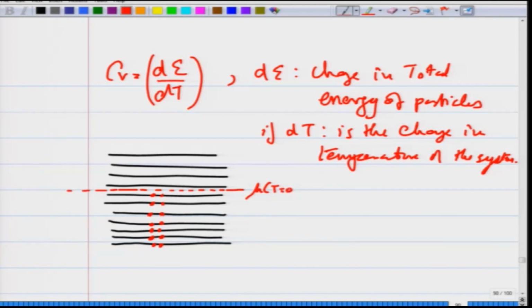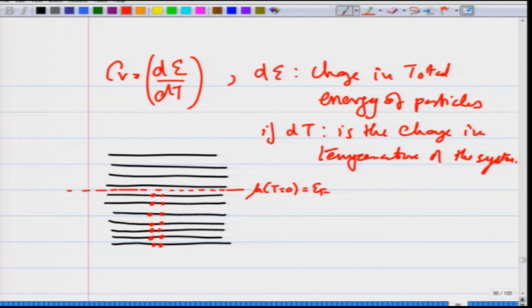The chemical potential at 0 temperature is the Fermi energy, which is close to the maximum energy the particles have. So, the particles keep on occupying states until they are very close to the Fermi energy of the system, the boundary between the occupied and unoccupied states.